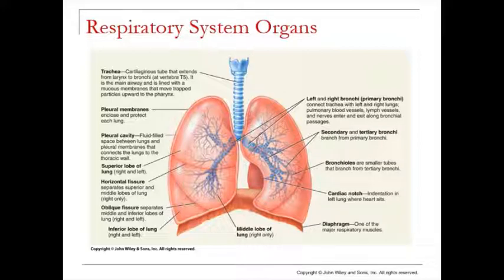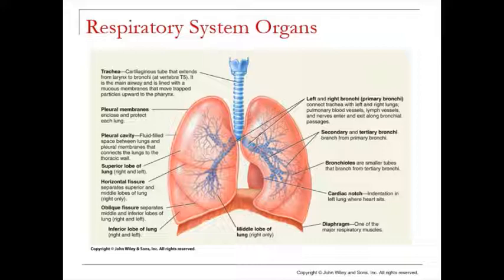You notice the right lung is a lot bigger than the left lung. Why? Let me give you a hint. What's something that sits closer to the left side of the chest and not the right? It's your heart. Your heart takes up room in your thoracic cavity. So your lung on the left side doesn't expand or develop to as big a size as the right.